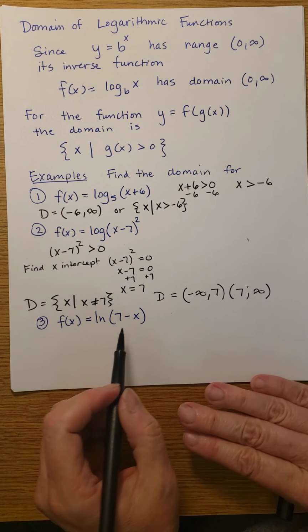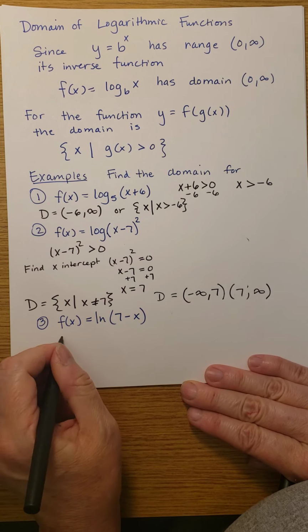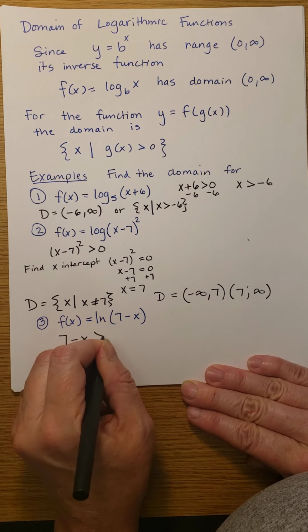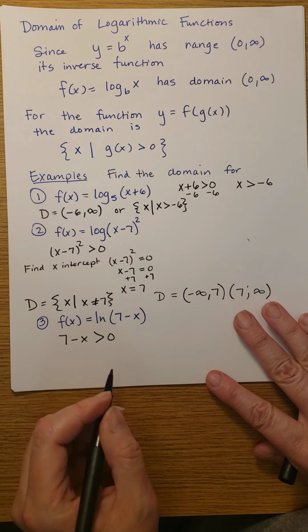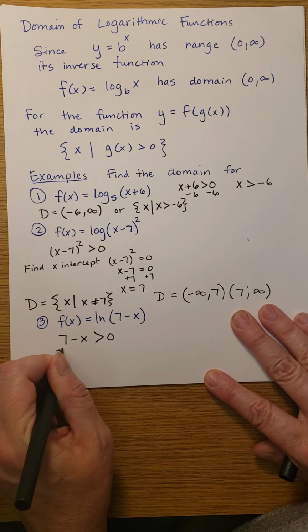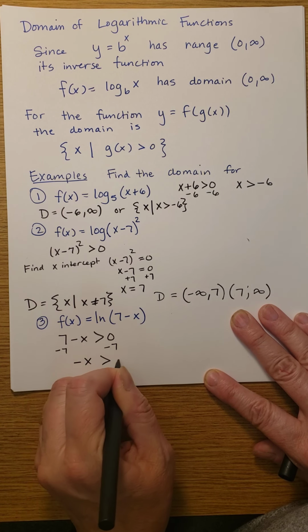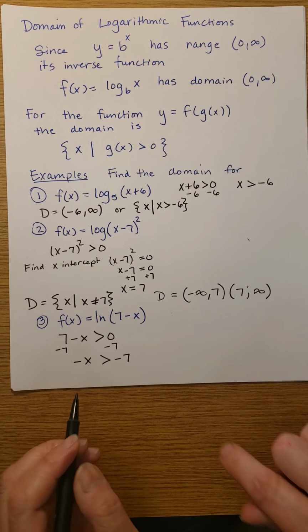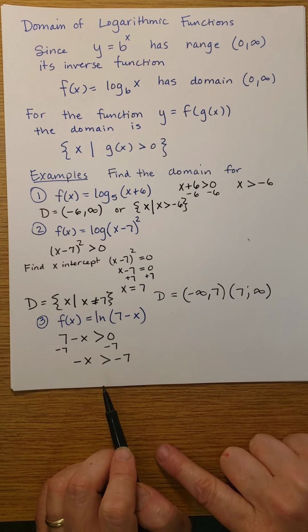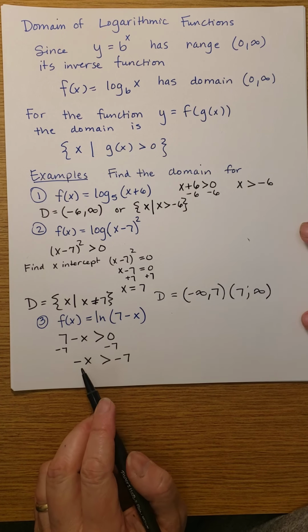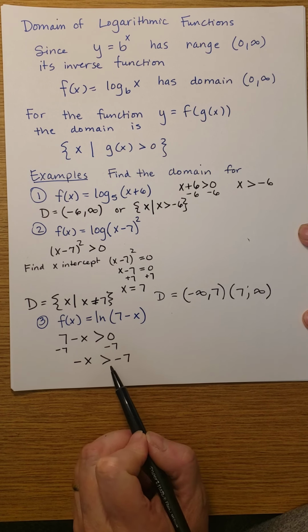Here we're going to take what's inside and set it greater than 0, and now we're going to subtract 7 from both sides, and we get negative x is greater than negative 7. At this point, to solve for x, we need to multiply through by negative 1. And when you do that, you have to flip your sign.